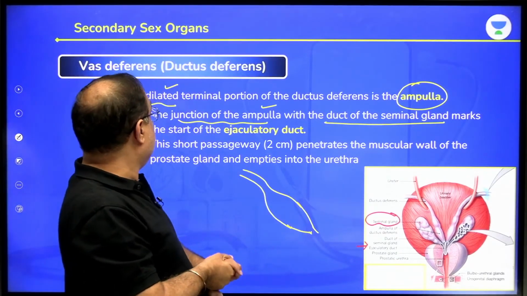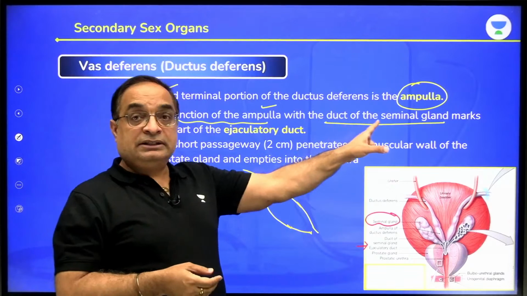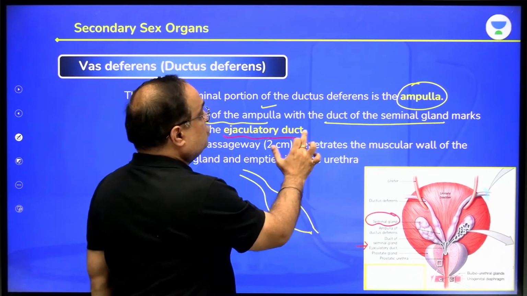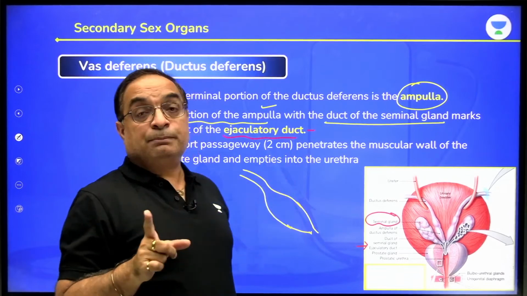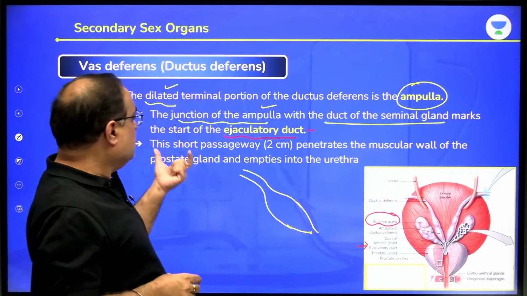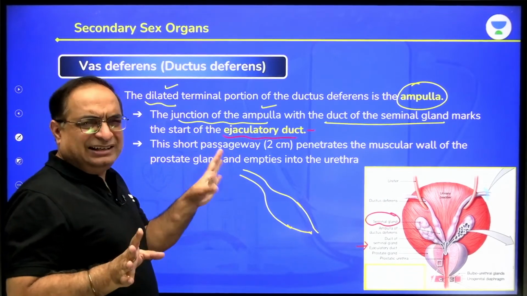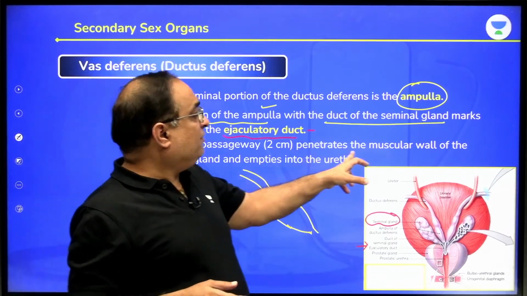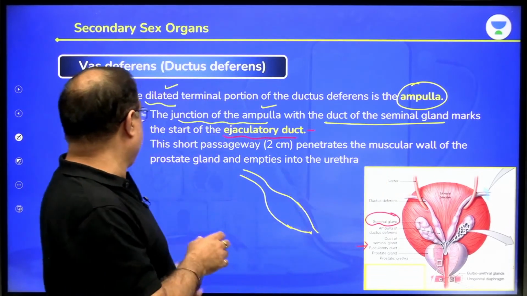Let's move forward. The junction of the ampulla with the duct of the seminal vesicle gland marks the starting of the ejaculatory duct. This point is important. Generally they ask you questions from this. This short passage, the ejaculatory duct, is nearly 2 centimeters in length. It penetrates the muscular wall of the prostate gland.